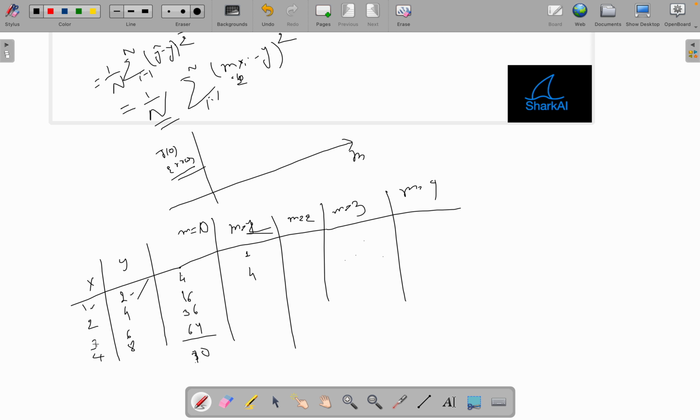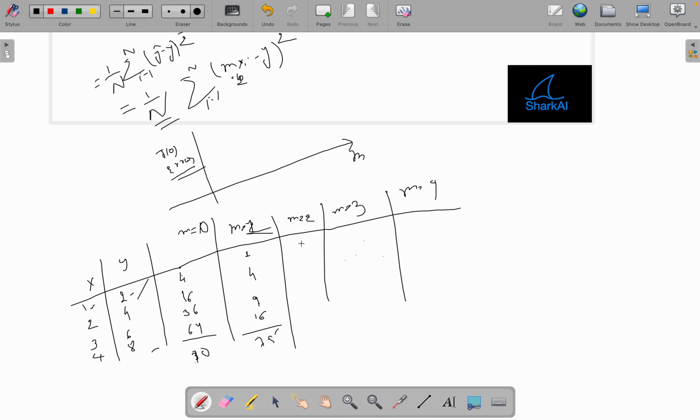Okay. Then here 3 minus 6, 3 square, that is 9. And similarly here 16. Divided by total sum of this and divided by 4, because we have 1, 2, 3, 4 elements, so it will be 7.5.